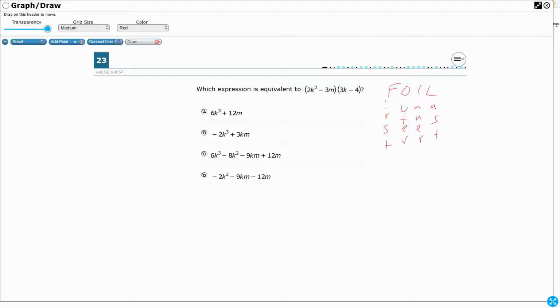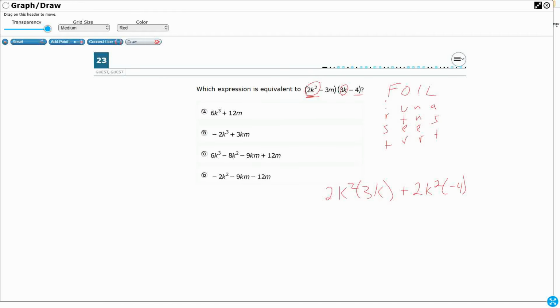And so our first terms would be the 2k squared times this 3k. And then let's do the outer, 2k squared, and we'll just do plus on everything. We'll capture that minus within the term itself. So plus 2k squared times -4.